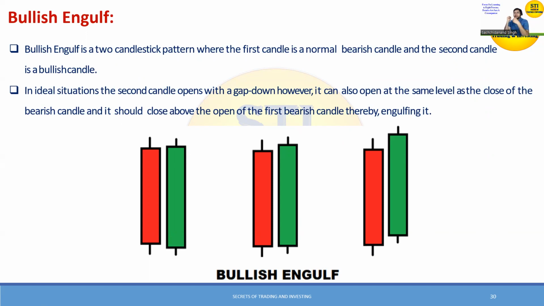If you find these two candlestick patterns, you can treat them as bullish, and typically you can safely assume that after this the market is going to go up. There will be a few more convictions which we'll learn, but as of now, this is one way to identify the market movement.